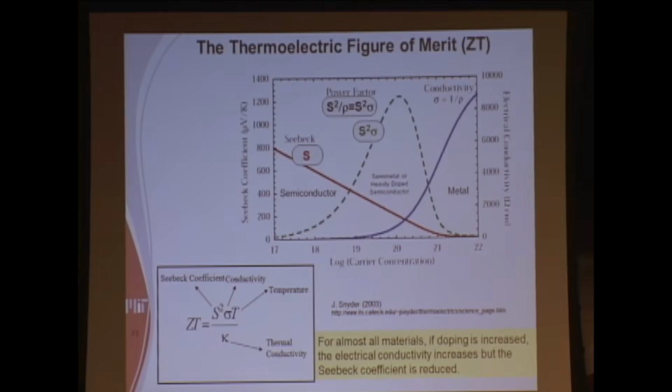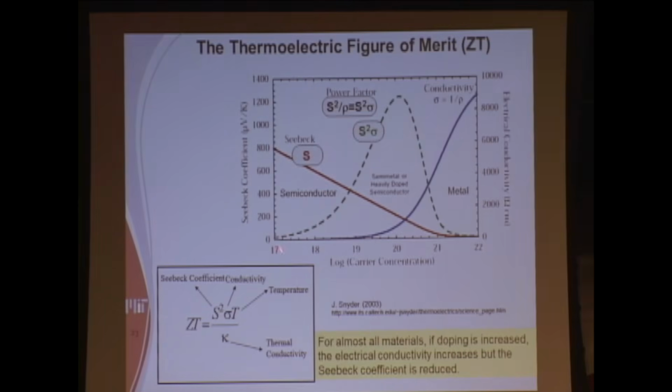Now, here are some of the problems and why this is a technological challenge. So if you look here, you see we want the Seebeck coefficient to be large. So we want a large value here, the Seebeck coefficient. And we want the conductivity also to be large.